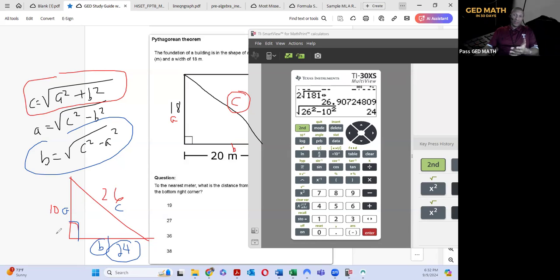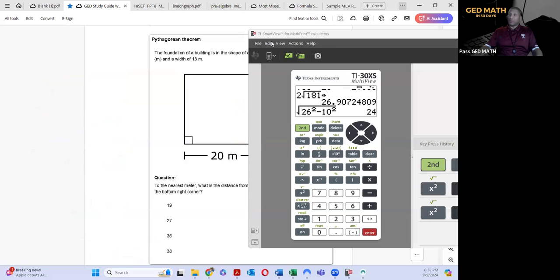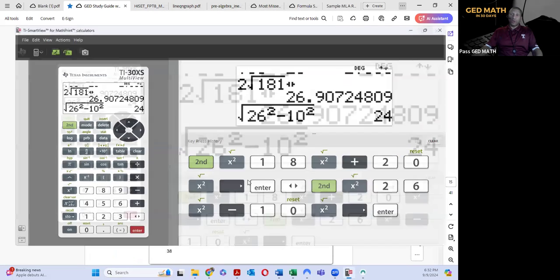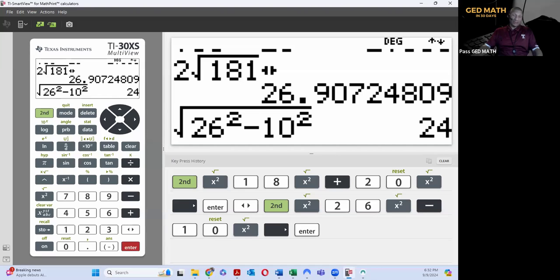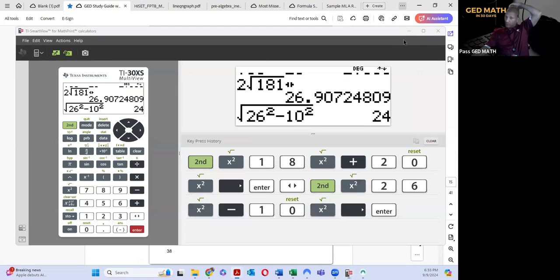Instead of spending 3 or 4 minutes, I just did it in 10 seconds. So again, that's what I would recommend. You don't have to do it, but that's what I would do. And then I would do practice problems on my site. For the Pythagorean theorem, you're guaranteed to have one. You can put money on it.